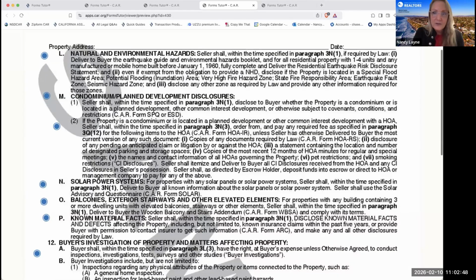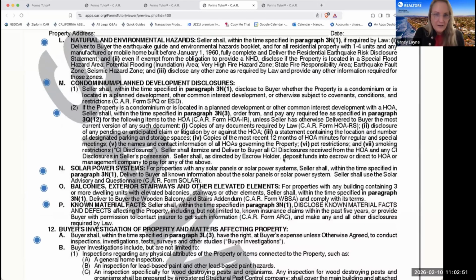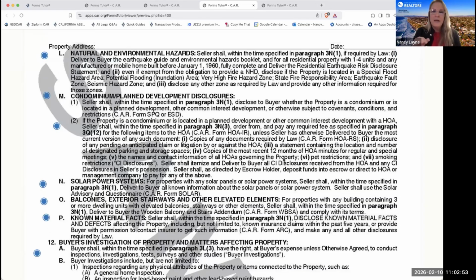Natural environmental hazards. Again, a lot of this is based on the fact that the entire state is really a fire zone. So we have to make sure that we have clear, understandable timelines for the delivery of that information. But that booklet doesn't just cover fire.